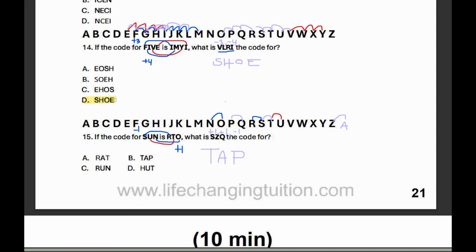All of the other options don't reverse the pattern correctly. The answer is D, SHOE. The formula is code uses +3 plus 4 plus 3 plus 4 and invert with -3 minus 4 minus 3 minus 4 to V to S, L to H, R to O, and I to E.